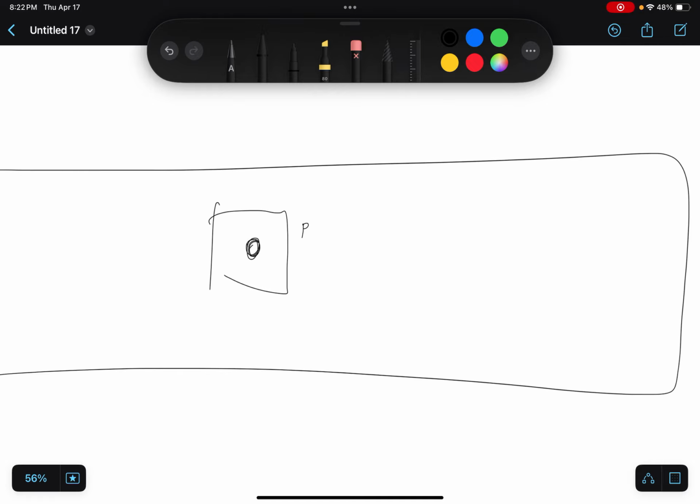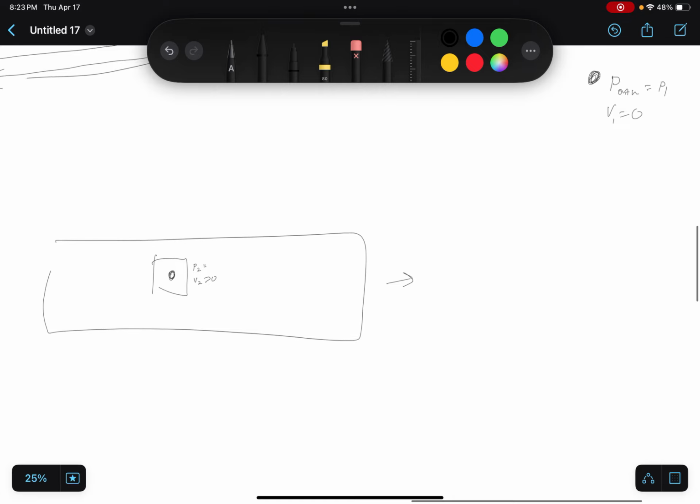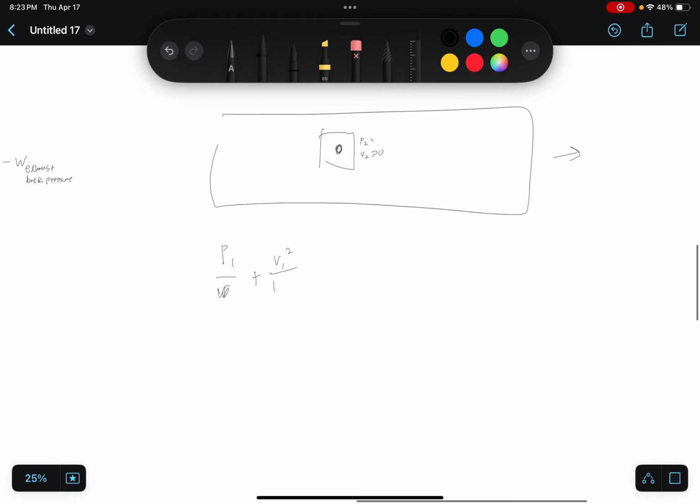And this would have a P of, we'll get to it, but it'll have a velocity of something that's greater than 0. So, all right, let's write out the relevant terms of the Bernoulli equation. Some stuff plus v1 squared over some stuff equals p2 over some stuff plus v2 squared over some stuff.